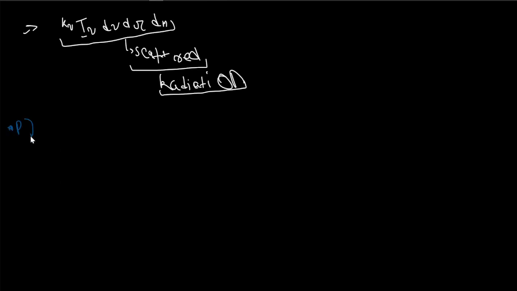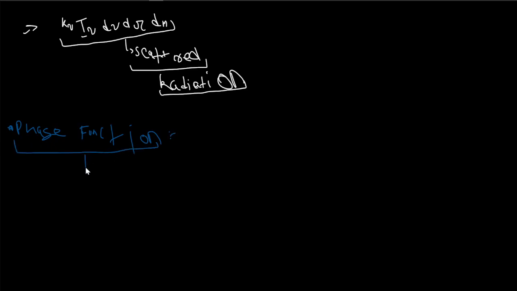This is your phase function. This is very important because the formula that I have written here is not complete. Why is it not complete? I'm going to tell you that here. What is the phase function and what is its sign?